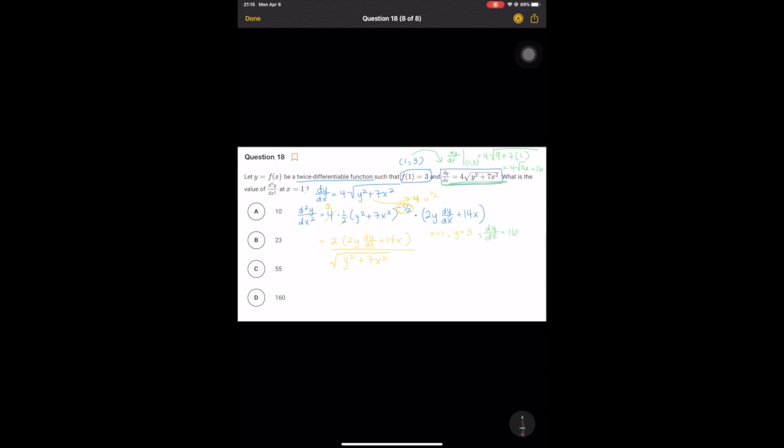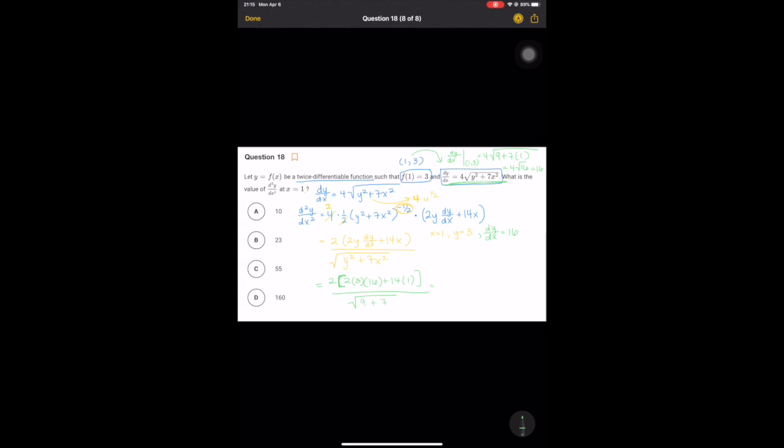Okay, now it's just plug and chug. It becomes an arithmetic question, but tomato, right? So let's plug in the stuff. 2 times 2, let me use a bracket for neatness. 2 times 2 times 3 times 16 plus 14 times 1, all divided by square root of 3 squared, that's 9, plus 7.